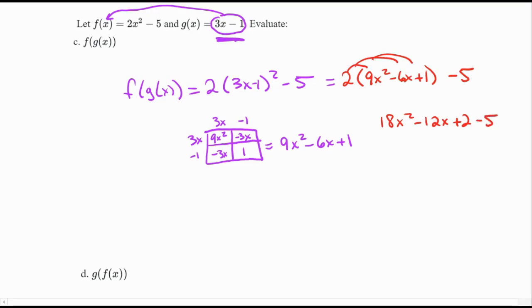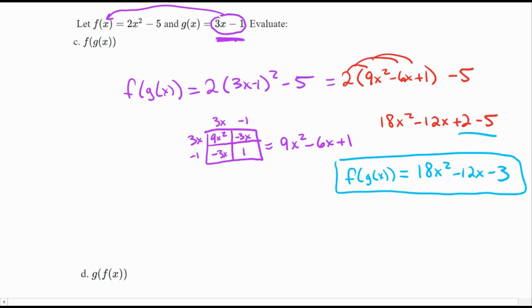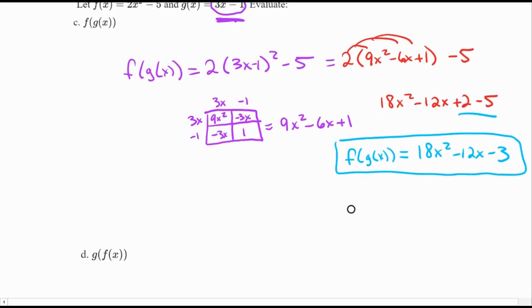And then the final thing I'm going to do here is simplify that to get 18x squared minus 12x minus 3, and that's what f of g of x is equal to.